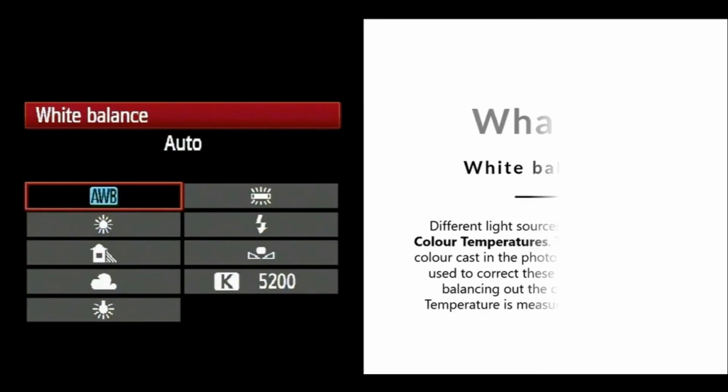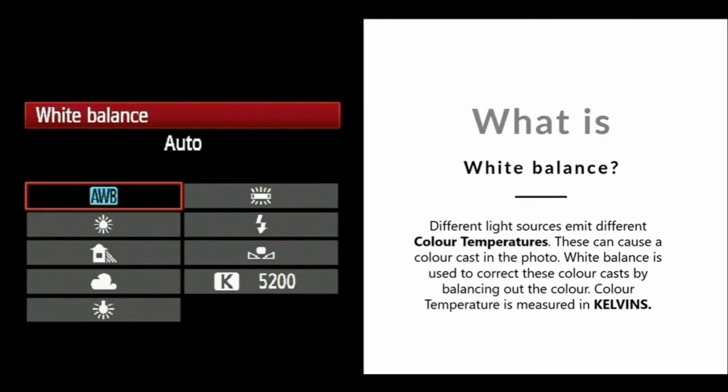So white balance basically refers to the fact that different light sources emit different colour temperatures, and these can cause a colour cast in a photograph. Every light source has a different colour temperature, and white balance is used to correct these colour casts by balancing out the colour.